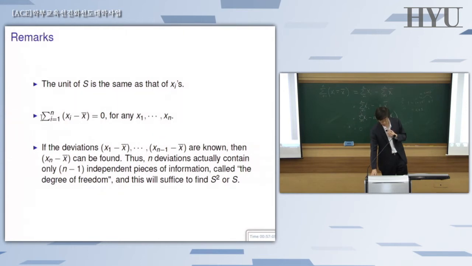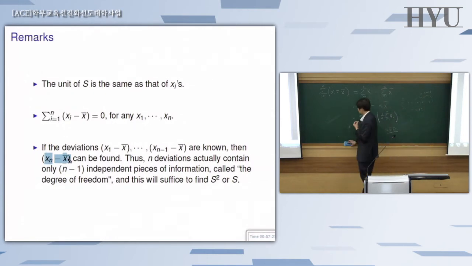Third remark: because of this second property, the second remark that we just proved, it really tells us that once we know the n-1 different deviations of these sample points, because we do know that they necessarily sum up to 0, the last deviation, which is the last entry minus the same sample mean, can be easily found.